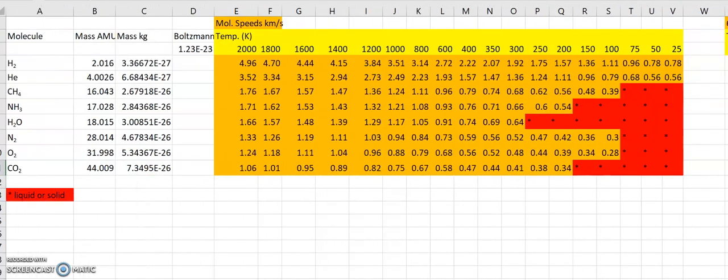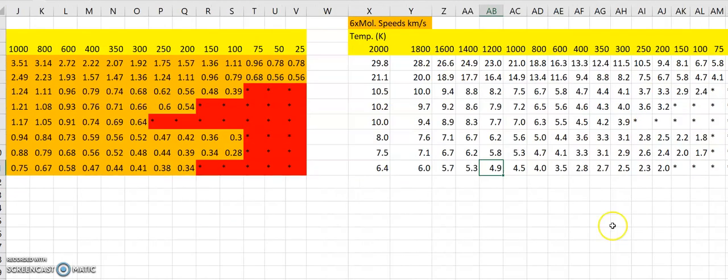Remember, you can look over here. That's for carbon dioxide, the largest of the molecules. The other thing I should point out: when you see these little asterisks right here, at that particular temperature those things are a solid. We're only interested in gases, so keep that in mind.